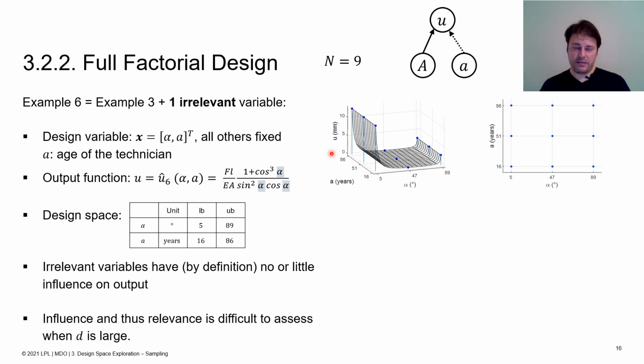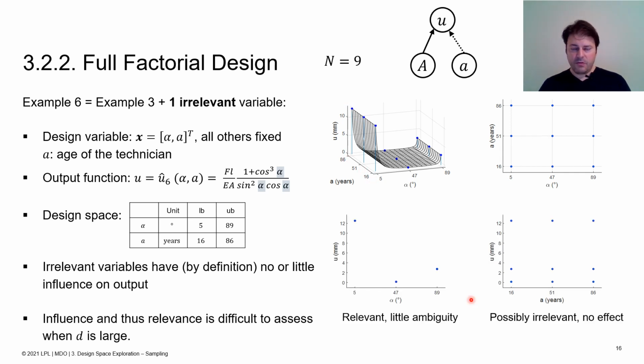And of course, little surprising, the output will not change if you change A. When you look at the scatter plots, you find out that alpha seems to determine u uniquely.